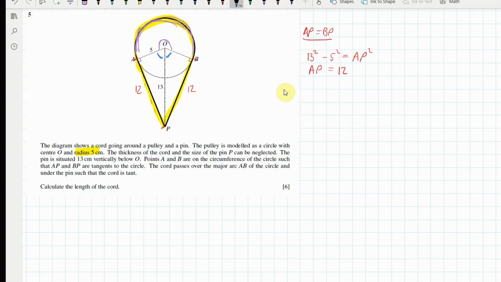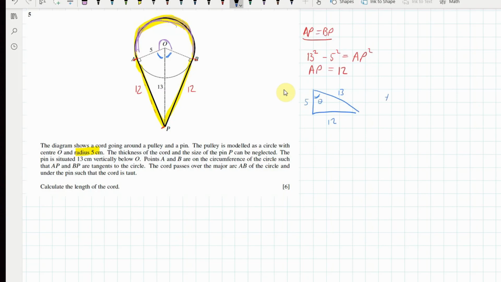Okay, let's just draw out the triangle that we're looking at here. Okay, there's our 13, we've got our 12 here, we've got our 5 here, and we're looking for the angle between the 5 and the 13, so this here, theta. We could use tan if we want, couldn't we?